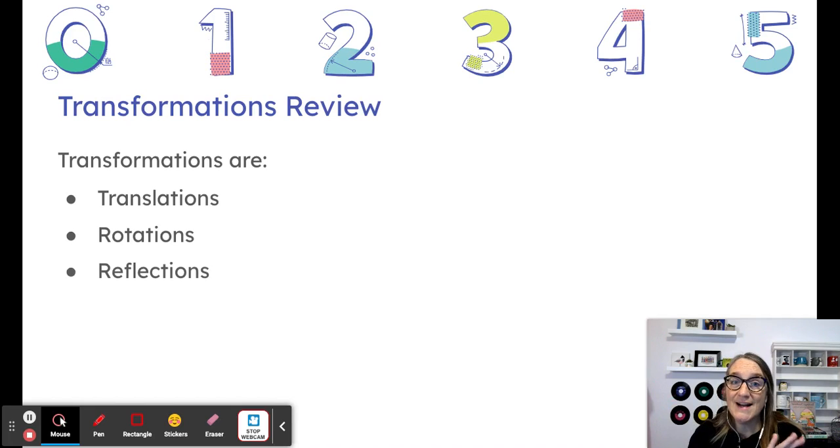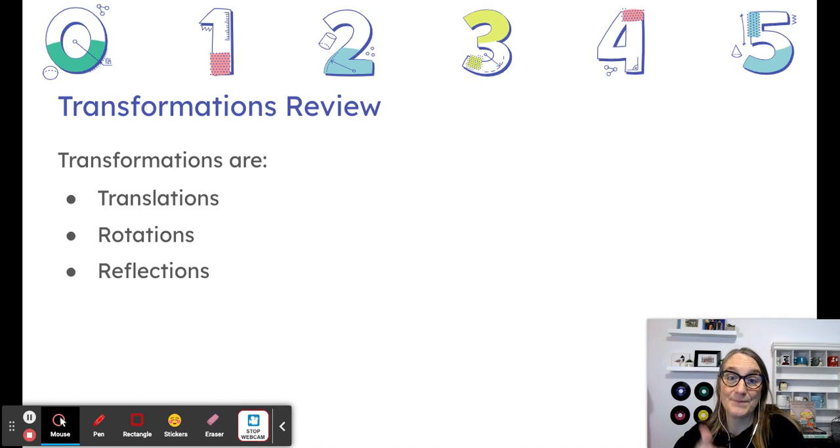Translations are our slides, rotations are the turns, and reflections are the flips. But no more using the words slide, turn, and flip. We're only going to use these terms: translation, rotation, and reflection.